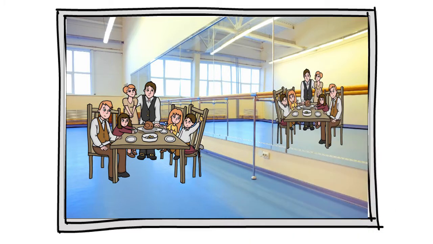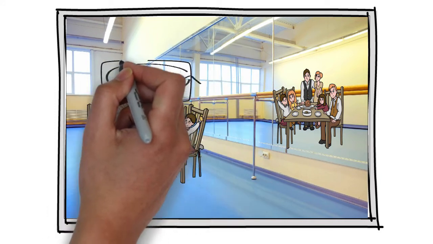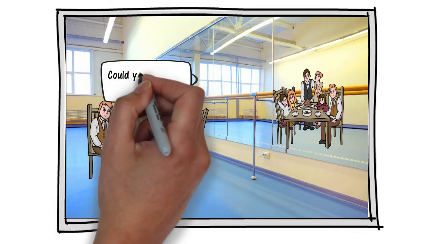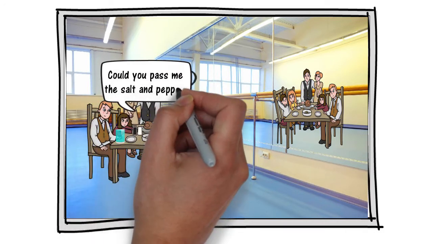When she reaches past you for the salt and pepper, the movement in the mirror catches her attention, and she sees you suddenly grab your water glass to keep it from tipping over. After a couple of times of seeing this, she starts to reach, and then, anticipating that you're about to lurch for your glass, she stops herself and says, "Could you pass me the salt and pepper?"